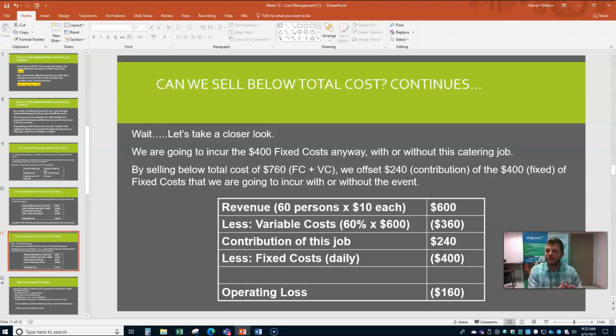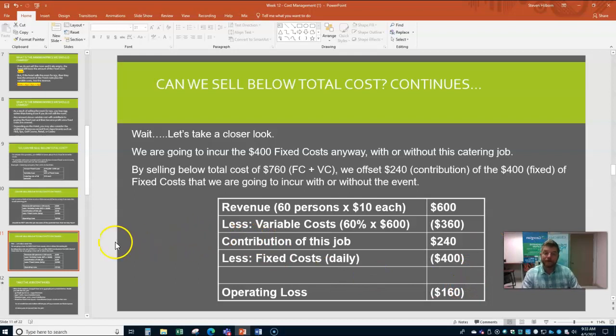It's better than zero. So here, yes, we are actually losing a little bit of money, but we are not losing as much money as if we were just to close our doors, send everyone home, no one's working, no food to order, no nothing. We would have lost $400 in the day versus now we're only losing $160.